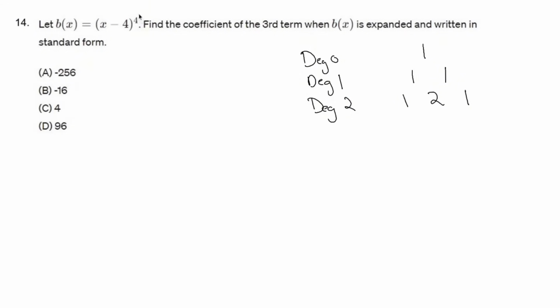We are going to work our way to degree 4. So we have 1, 3, 3, 1. That's degree 3. And last but not least, degree 4 is going to be 1, 4, 6, 4, 1. All right, I'll explain what those are in a second.